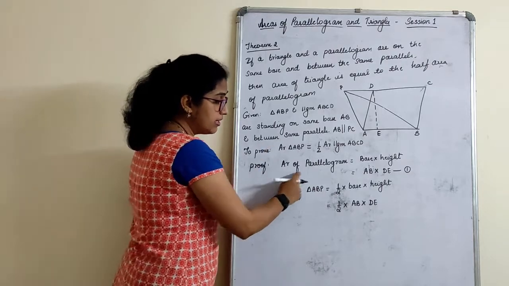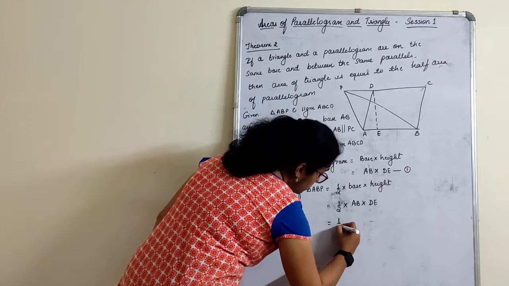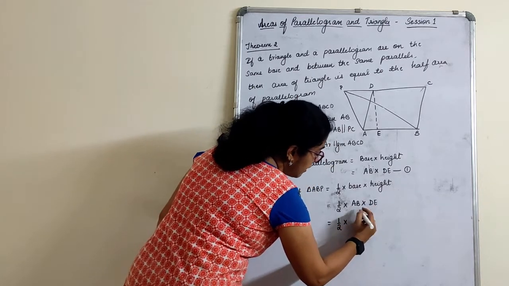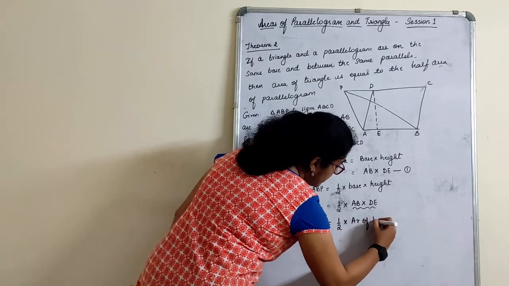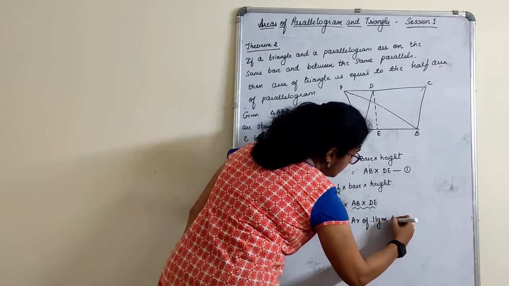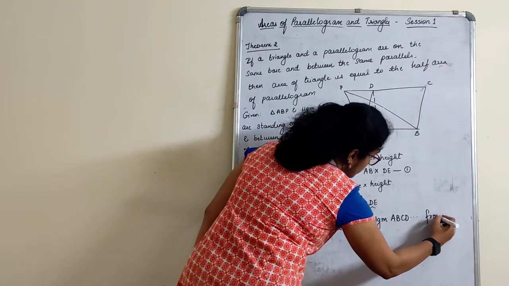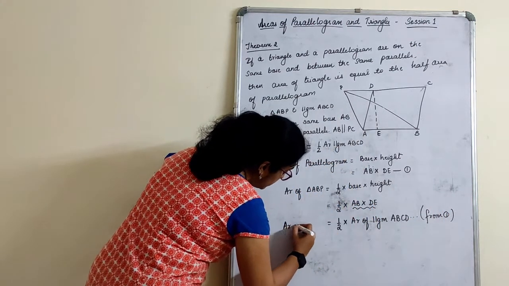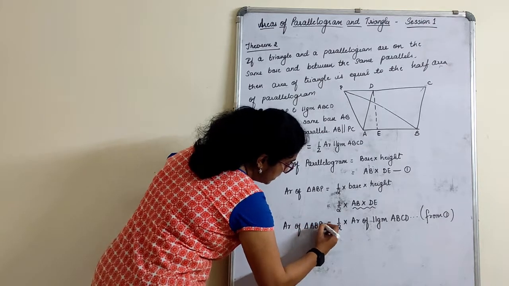From equation 1, it is nothing but the area of parallelogram. So, instead of AB into DE, I will write half the area of parallelogram ABCD from equation 1. That is nothing but the area of triangle ABP.